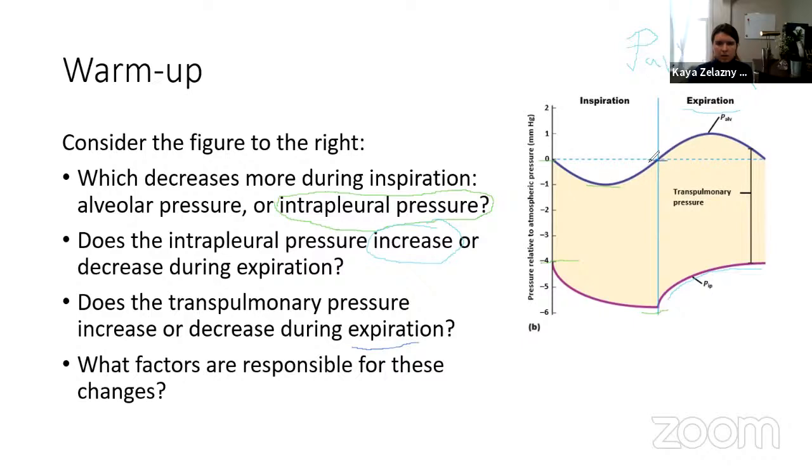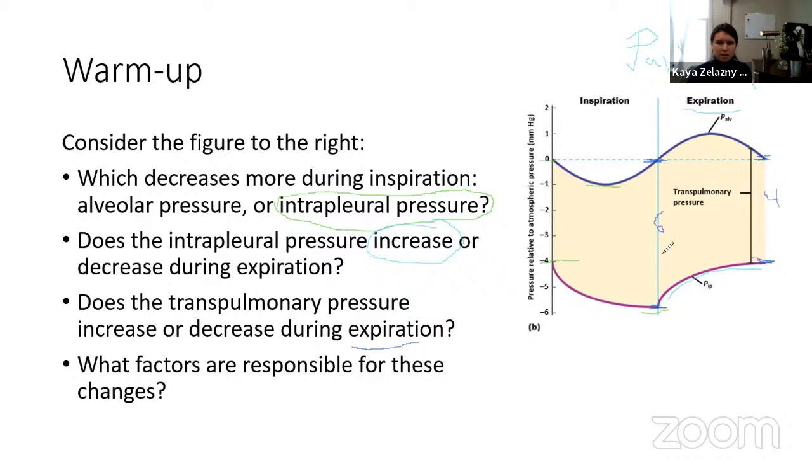If we take our alveolar pressure of 0, and we're almost down to -6 here, we'd have a transpulmonary pressure of approximately 6. And then at the end of expiration, we have our alveolar pressure of 0 and our intrapleural pressure of -4. So we would have a transpulmonary pressure of approximately 4.